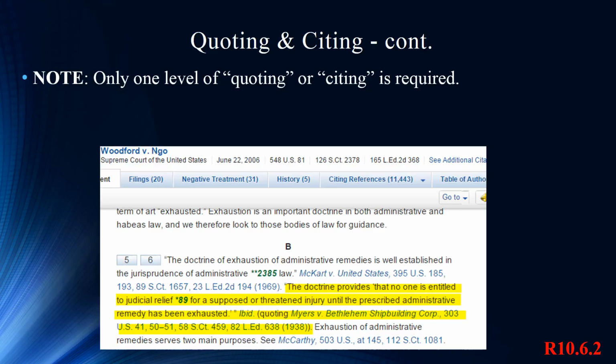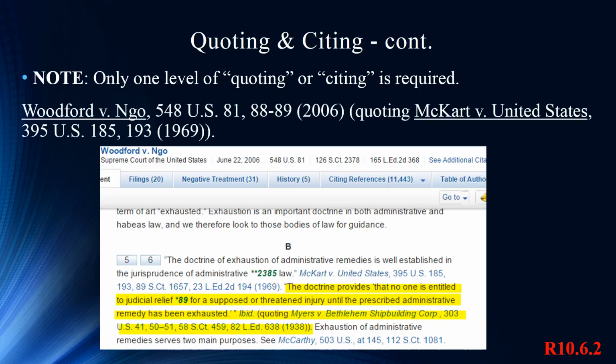We are going to cite directly to Woodford for the highlighted text. Woodford is using language quoted from the McCart case, and the McCart case quoted the Myers case. Because only one level of citing is required, your citation can look like this. You can eliminate the citation, including quoting from Myers, and end with a period here.